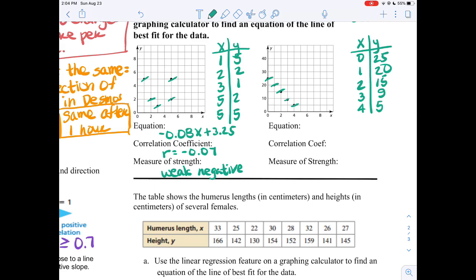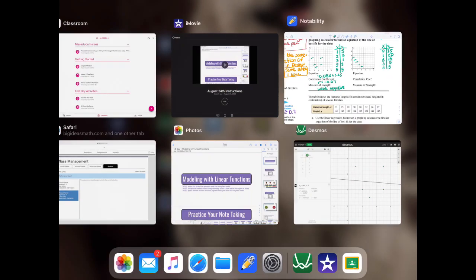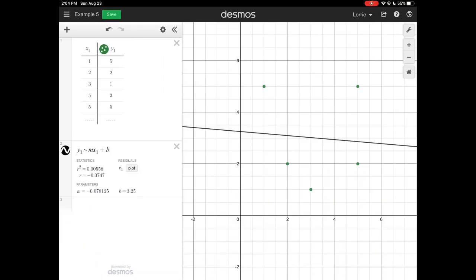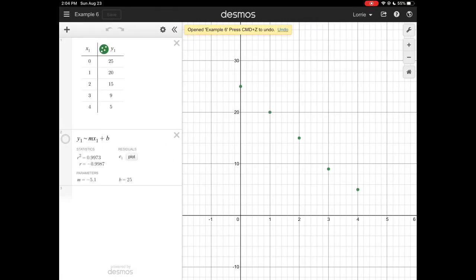So let's take this over to Desmos and see what our equation and our correlation coefficient are going to be. All right, so again, I've put in my data. Just a reminder that we go to the plus and the table button in order to do that. And then I want to see what my equation is going to be.